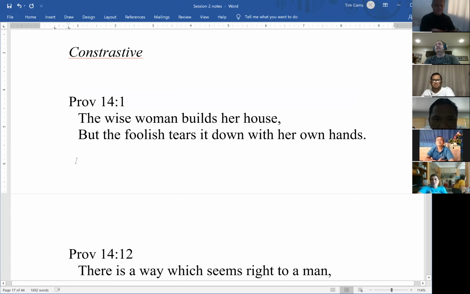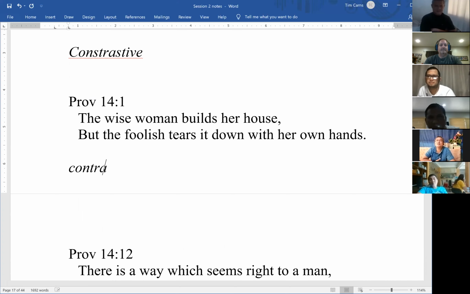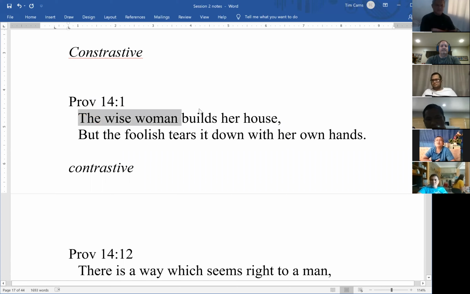Proverbs 14:1. Brother Jess. The wise woman builds her house, but the foolish tears it down. Yeah, contrastive. Notice, okay, we have wise woman, foolish, the foolish woman implied.